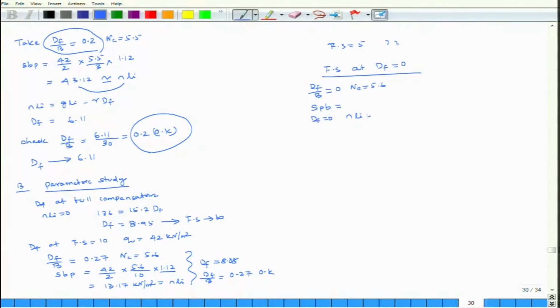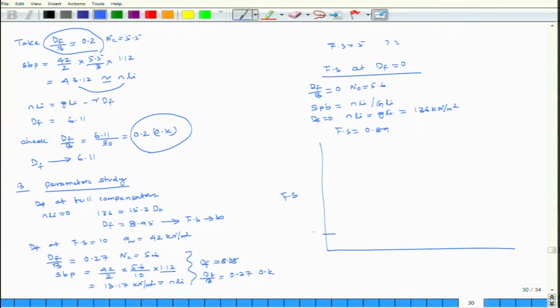Then net load intensity is equal to gross load intensity, which is equal to 136 kilonewton per meter square. Considering this as either net load intensity or gross load intensity, from there you can find the factor of safety is equal to 0.89. If I draw it, this is my factor of safety.